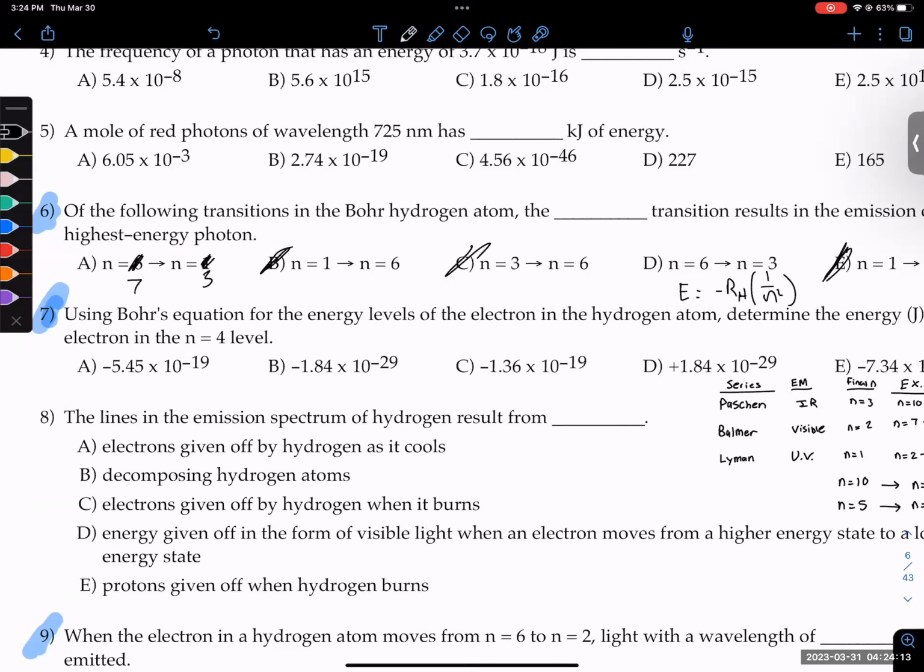Which one do you think would have a higher energy in that case? The one with the bigger energy transition, or the one that transitions through more energy levels, which one would that be, A or D after our little revision here? 7 to 3 or 6 to 3?